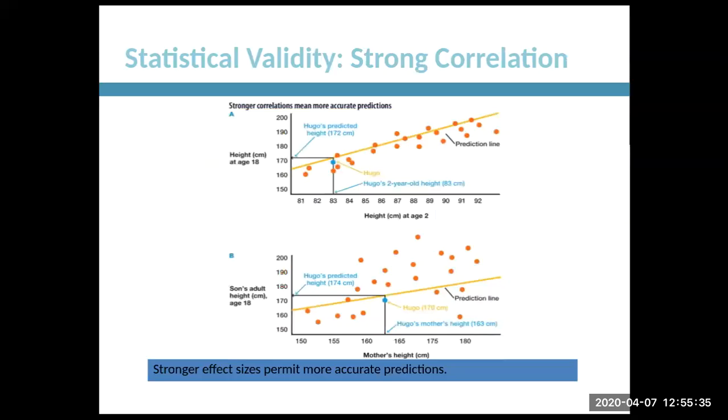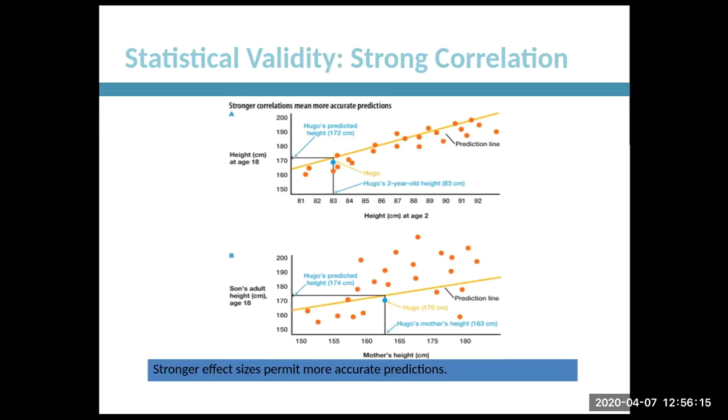When we look at strong correlations, again, we use this idea that stronger effect sizes can permit more accurate predictions. Looking at the difference in graphs A and B, what we see is Hugo's height at age 2 versus Hugo's own height at age 18. And this is a prediction chart or correlation chart that doctors use for pediatricians to try to figure out the growth charts and potential of how tall a child will be as they reach an adult age.